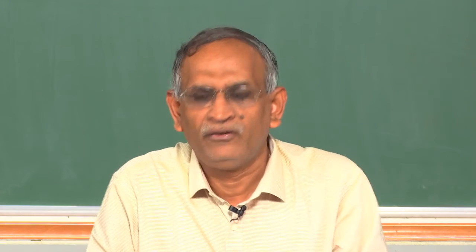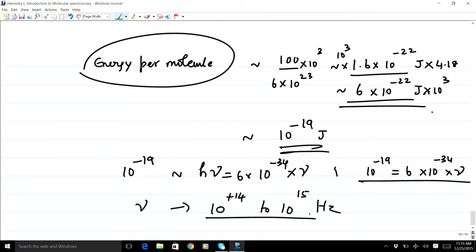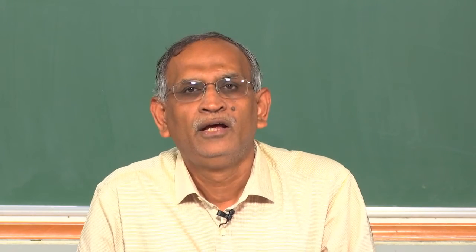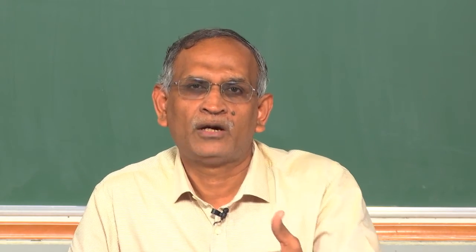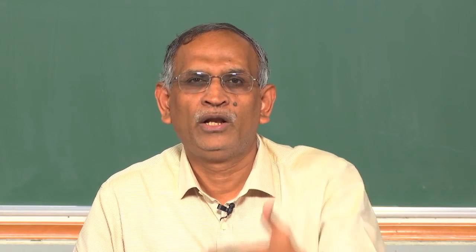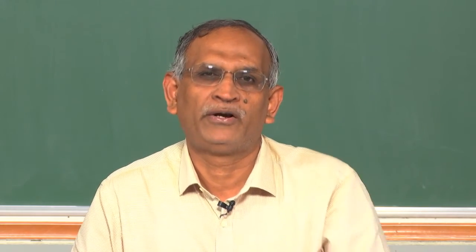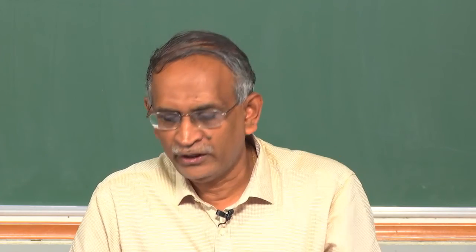That is the range, and this is typically the frequency of infrared light. Therefore, infrared spectroscopy or vibrational spectroscopy is studied using radiation of this order, because this order of energy is commensurate to the molecular energy level changes due to vibrational motion or due to electronic excitation.